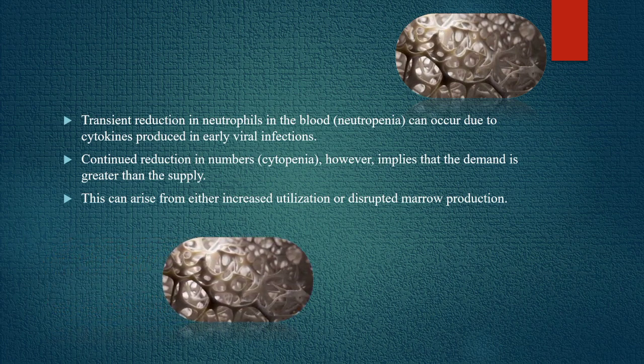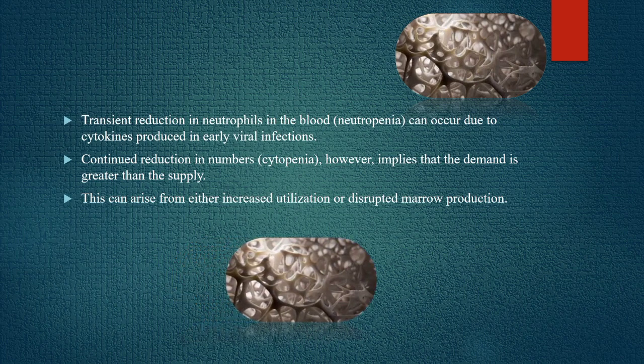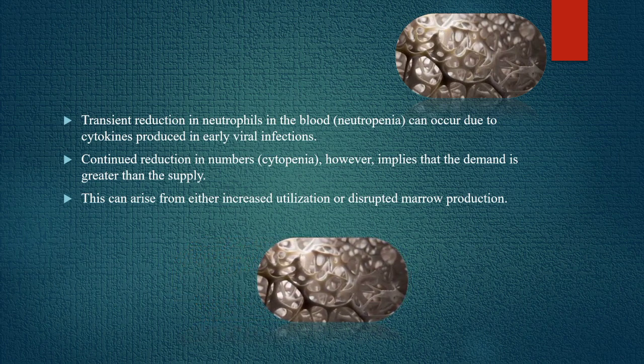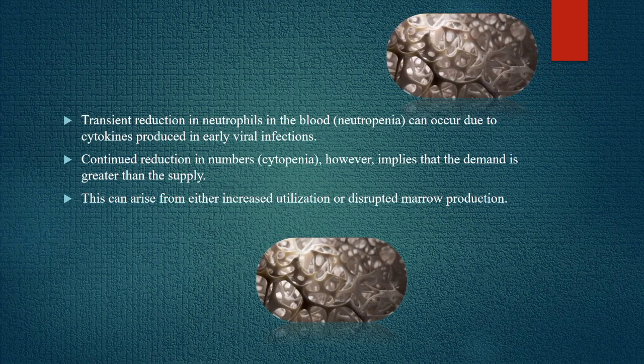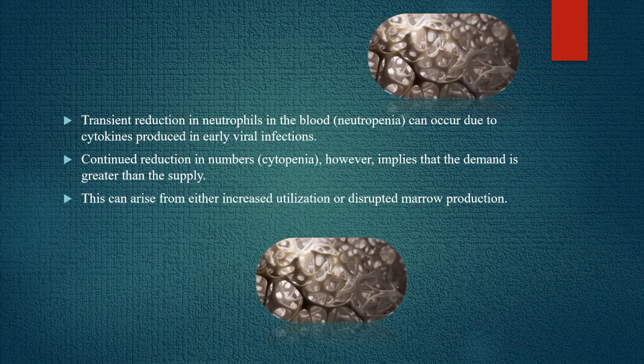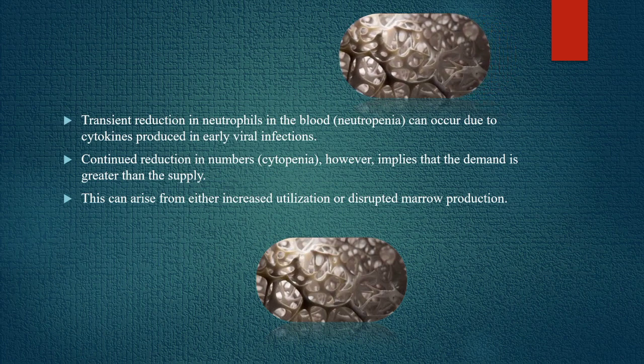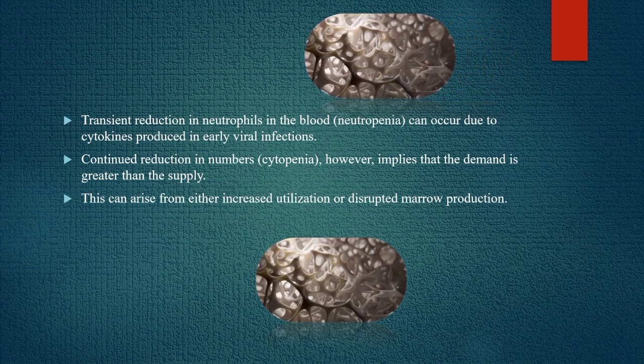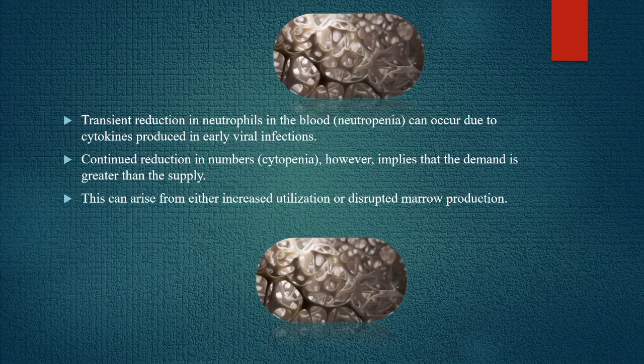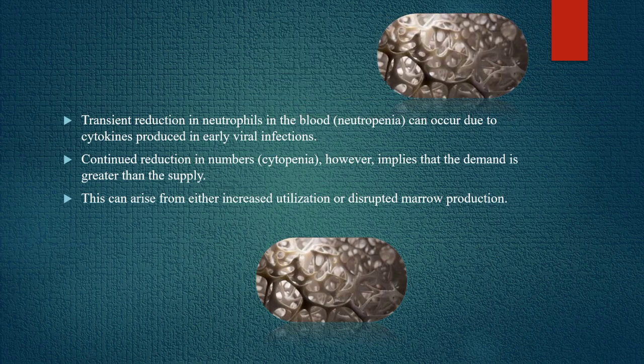It can occur due to the cytokines being produced in early viral infections. However, this implies that the demand is greater than the supply, and this can arise either from increased utilization or disruption of bone marrow production.